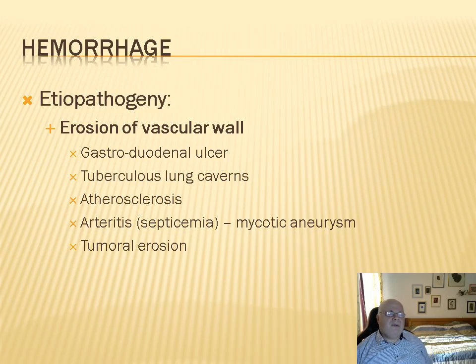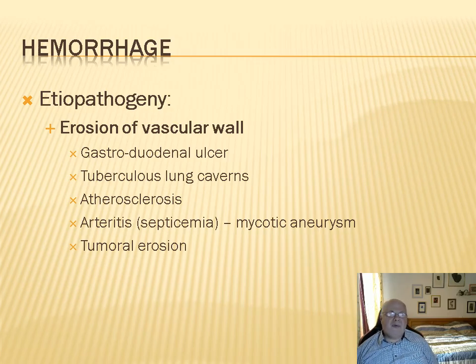Another cause for hemorrhage is not a rupture of the wall of the blood vessel, but an erosion, by a pathologic process evolving in the surroundings.